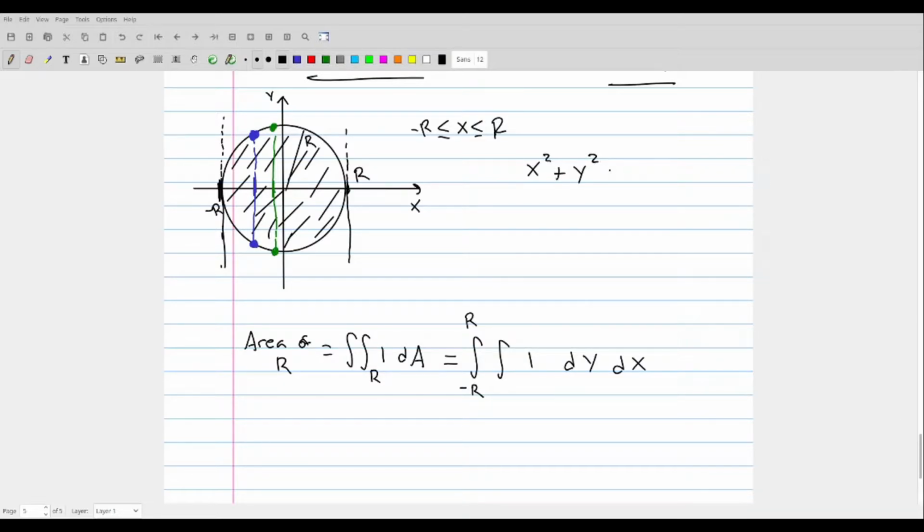And that comes directly from the equation of the circle, which is that x squared plus y squared is equal to r squared, which gives us y squared is equal to r squared minus x squared, or y is equal to plus or minus the square root of r squared minus x squared.